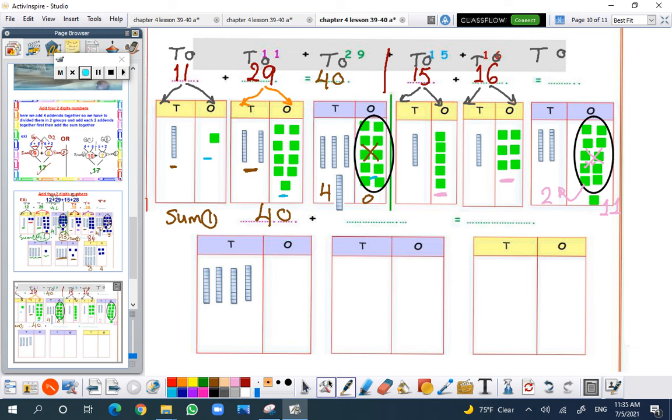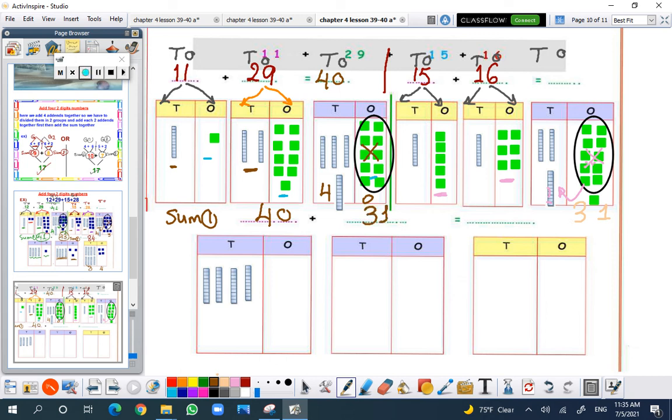Who can tell me? 10 ones equals? Excellent, 1 ten. So guys, now how many remain on the ones, small squares? We have 1 small square. And how many rectangular bars do we have? Excellent, 3 rectangular bars.